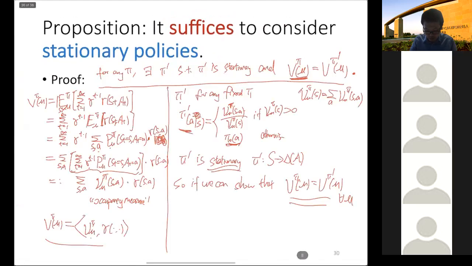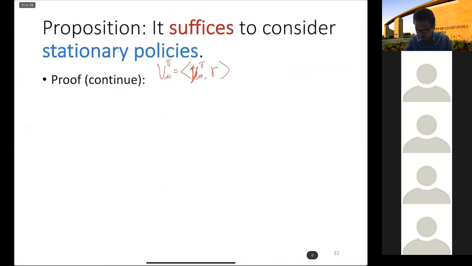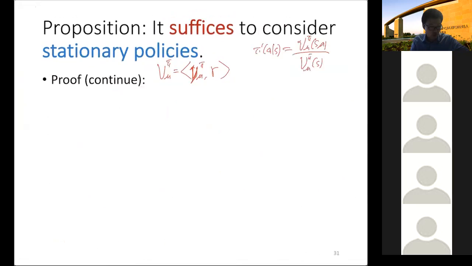So this is this equation. And the second thing is our specification of pi prime, which is equal to nu^pi(s, a) over nu^pi of only s. This is how we construct it.